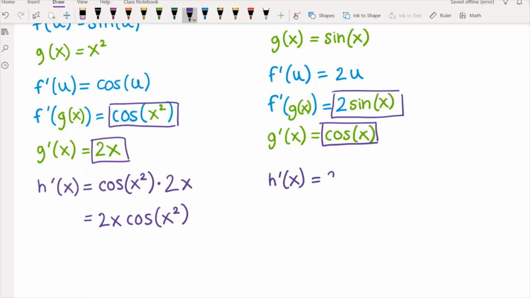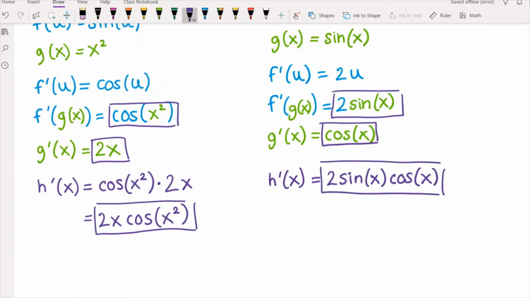So it's 2 times sine of x times cosine of x, which you might remember is actually the double angle formula for sine. Hopefully I'm remembering this right. I believe that's the same as sine of 2x. But you don't have to simplify it that way. I just wanted to point that out. So here's our first derivative, here's our second one.